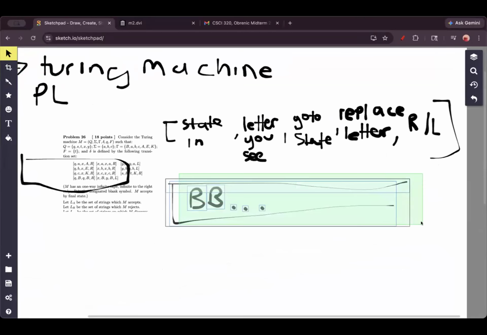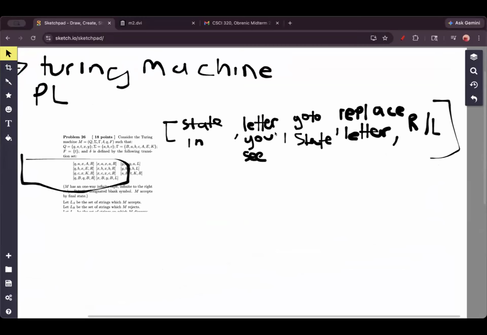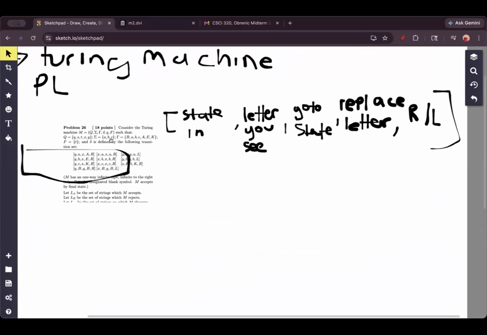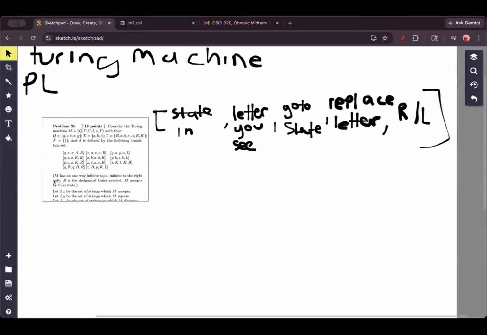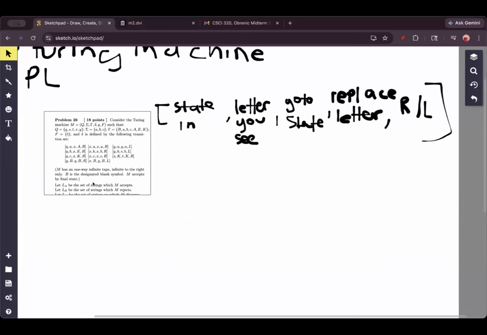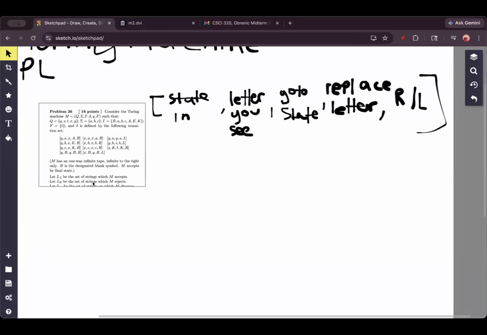Let's get rid of this. So for these, there are two methods to solve this. One is with automatons: you write out the instructions and then make an automaton out of it. Or you could do the tape method.